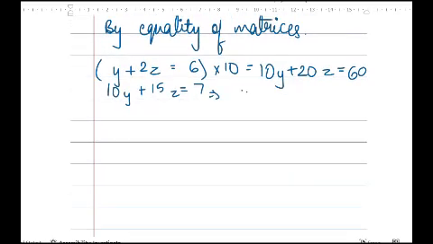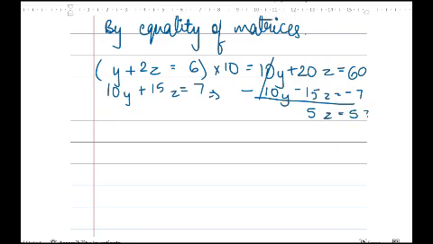I will subtract this equation. So it will become minus 10y minus 15z is equal to minus 7. 10y minus 10y cancel off. 20z minus 15z becomes 5z, and 60 minus 7 becomes 53. So the value of z you have 53 by 5. Not a very beautiful value, but what can we do?